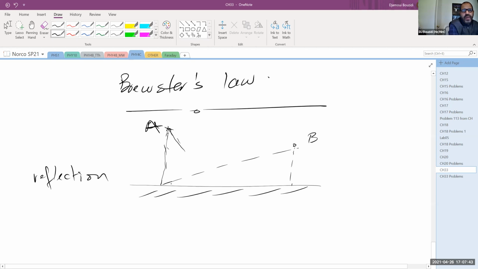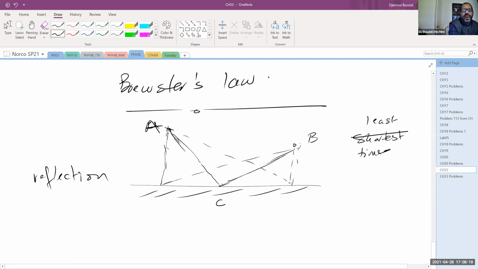If I have to travel to the mirror, I can go straight to it and then travel to point B. Or I can go here just below point B and then go to point A. My point in here is that actually there is a condition with which this is going to happen, where the distance AB going through this point C will have the least time. Not the shortest, the least time, okay?